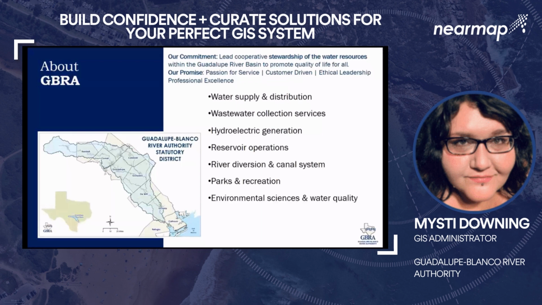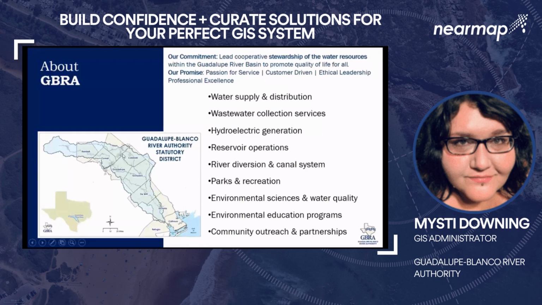We have a few parks, and we have an environmental sciences and water quality department. While we provide utility services, water resource management and sustainability of water resources in the basin is also a concern. So we have environmental education programs, and we do community outreach.